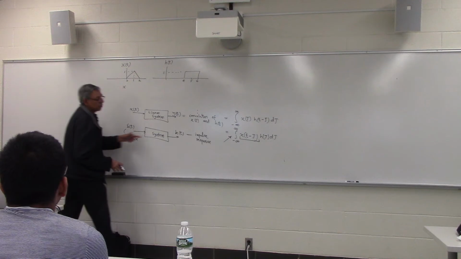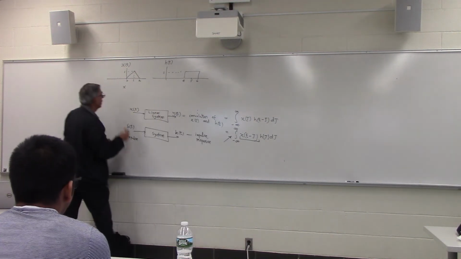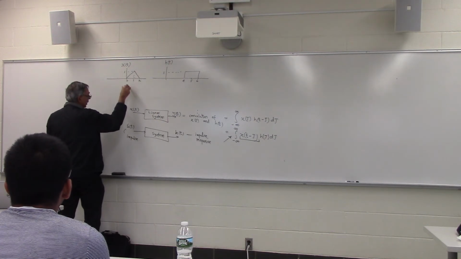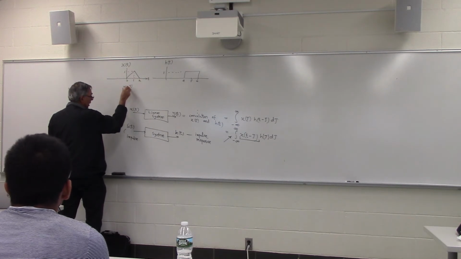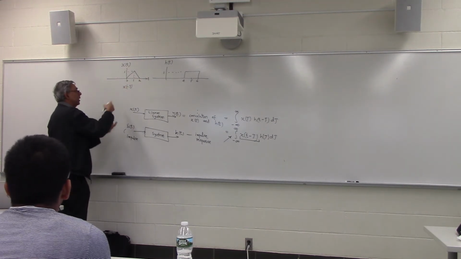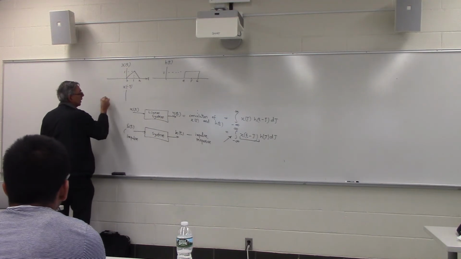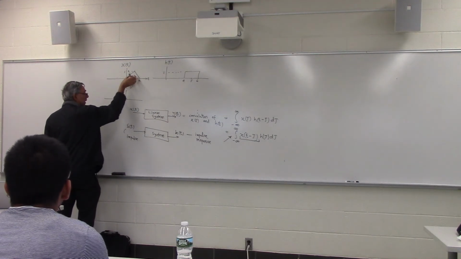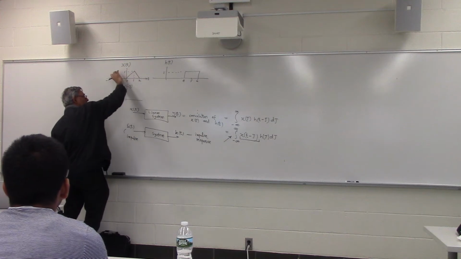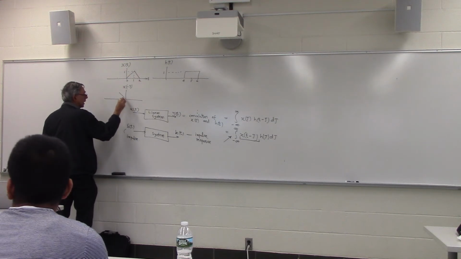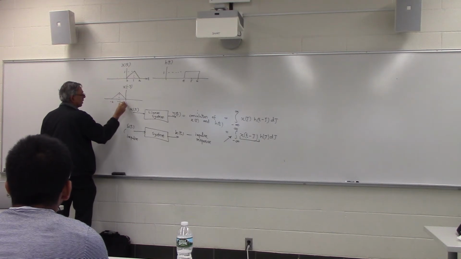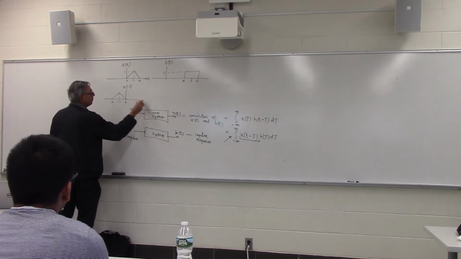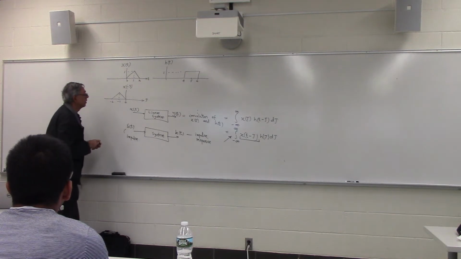To evaluate x of t minus tau, we see this is on the t scale, we make it on the tau scale, and then flip it. So for x of minus tau, it will mirror on the y-axis, so this will look like this, and it becomes the tau scale now.